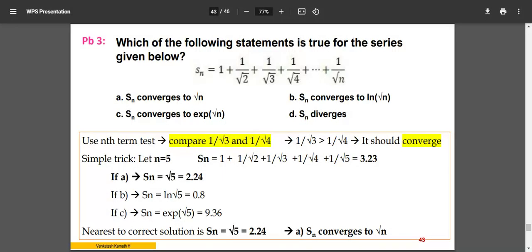Comparing, it is 2.24. 0.8 is far away, and 9.36 is far away compared to 2.24. Now this closeness may increase if you take n equal to 10 or 20, but the time taken to do the calculation will be more. So you can try it out. Accordingly, the answer is A, that is Sn converges to root n.